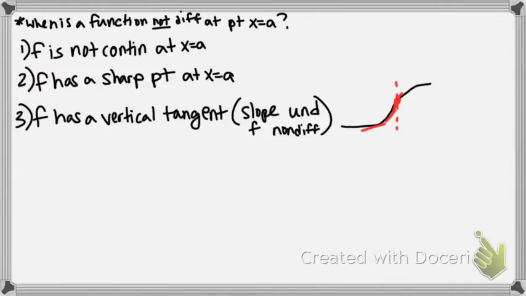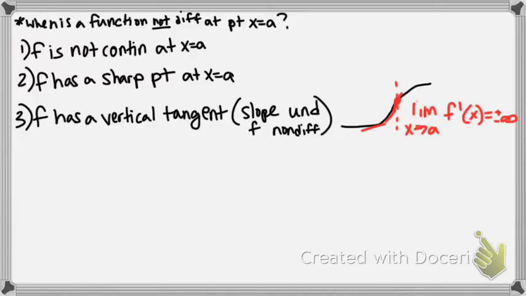Do I put it on the left side or the right side? Anytime that tangent line would have to go vertical, aka another way to say it is that the limit as x approaches a of f prime of x would equal plus or minus infinity. That means that your slope is undefined.